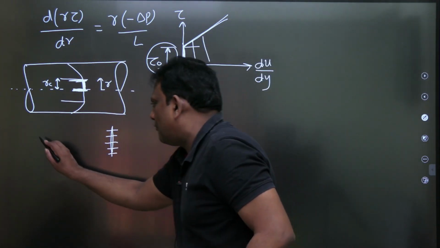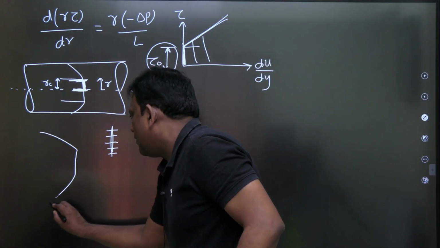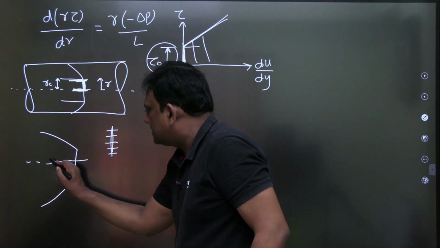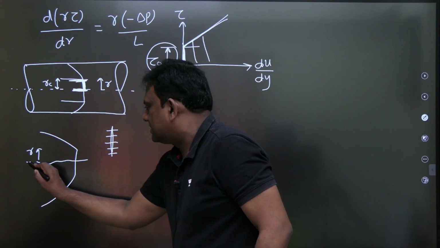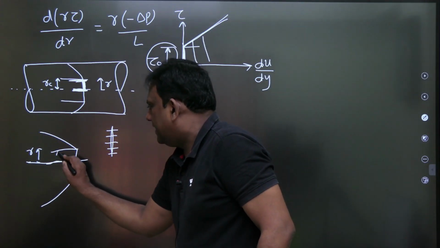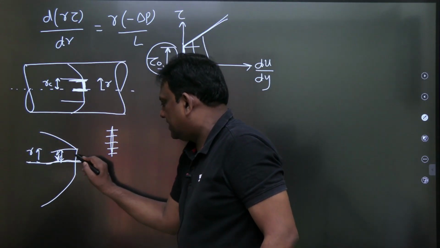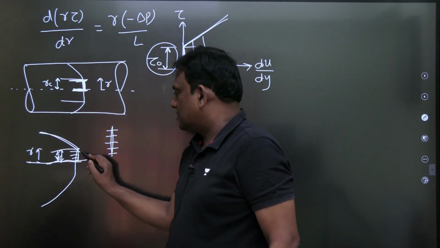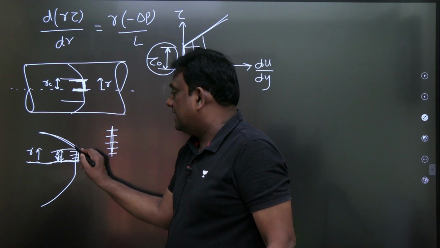You observe the profile carefully, sirs. This is the radius, measured from the center. So up to this rc, everywhere the velocity is the same. But afterwards, the velocity gradients are coming.